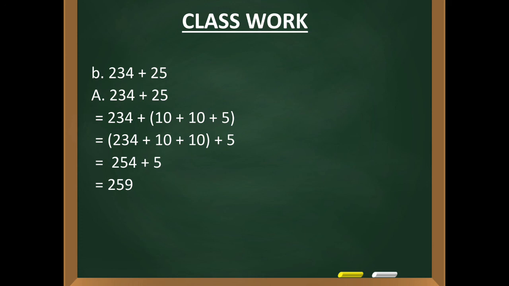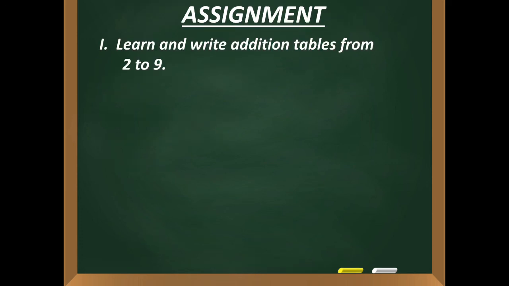Then count it in tens, 234, 244, 254. Then add 5 to it, that is counting forward 5 times. So 254 you have to count forward 5 times, 255, 256, 257, 258 and 259. So 234 plus 25 is 259.